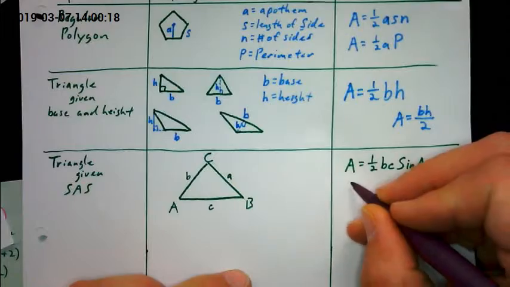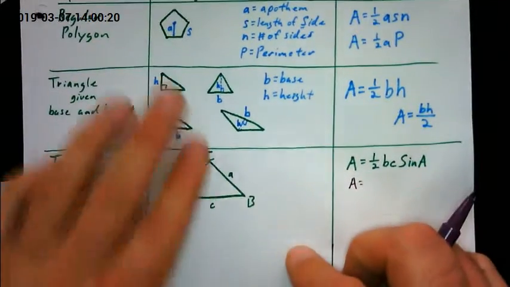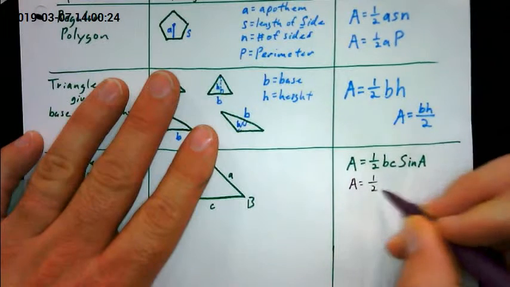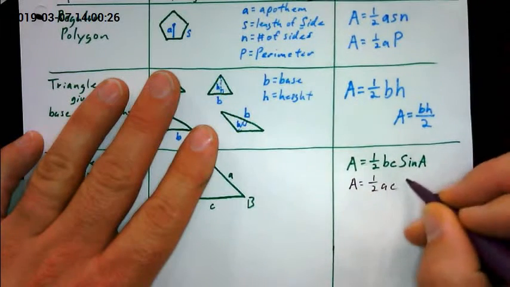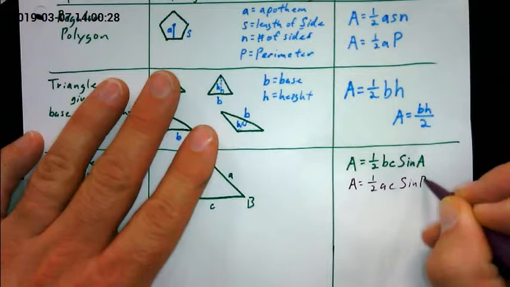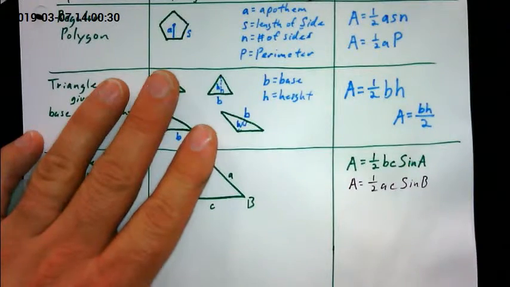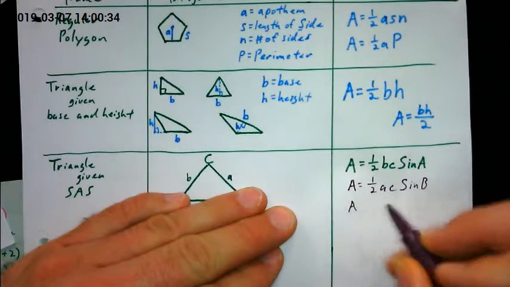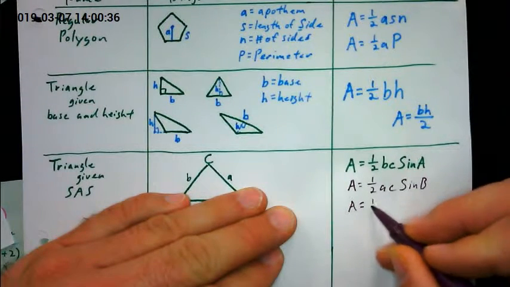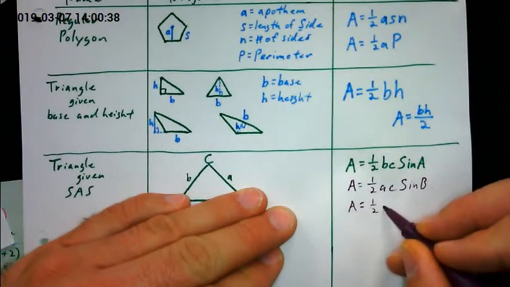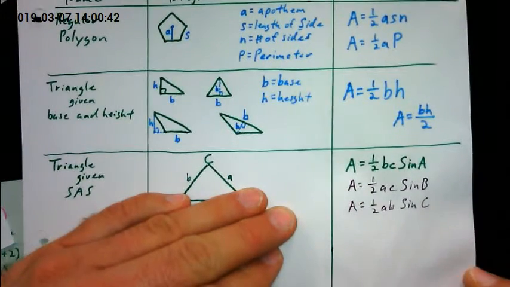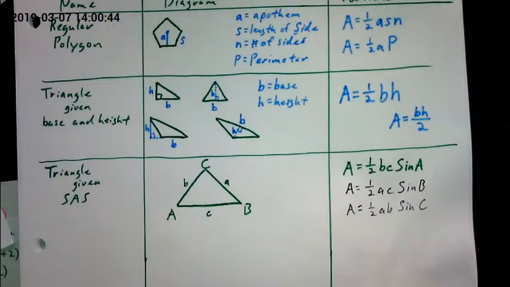For example, if we're given these three pieces instead, then it would be 1/2 ac sine of B. If they gave you the top one, those three on top, it would be 1/2 ab sine of C. No matter how you write that equation, it means the same thing.